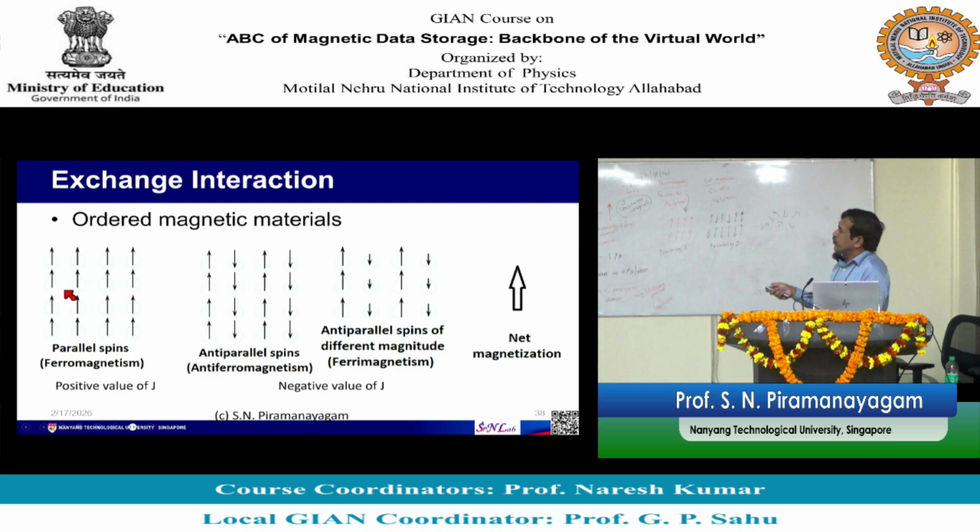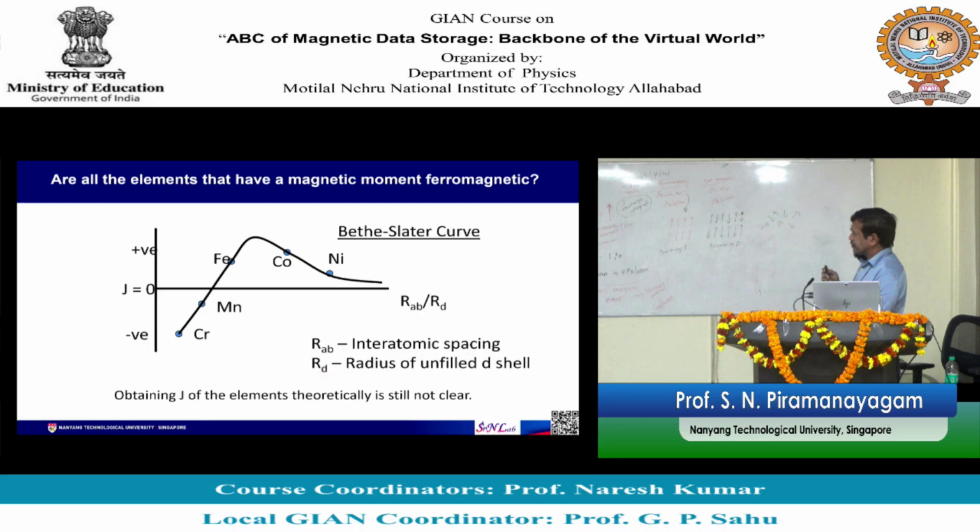But in ferromagnetic and ferrimagnetic materials, the spins are not compensated. As a result, they have a net magnetization. So, this is how we can explain the ferromagnetic, ferrimagnetic and antiferromagnetic materials.